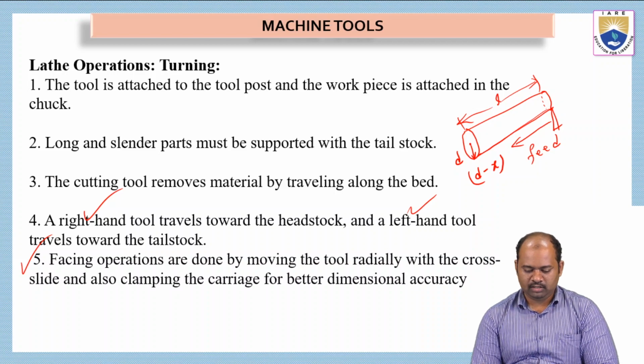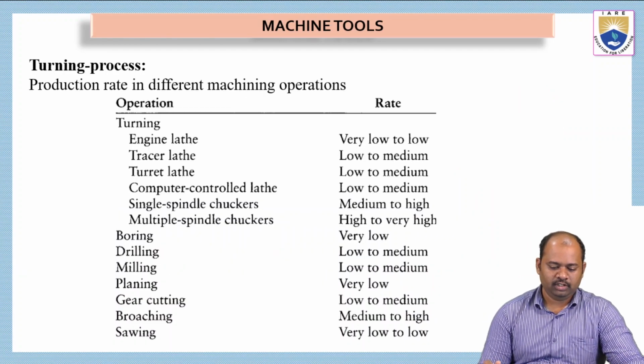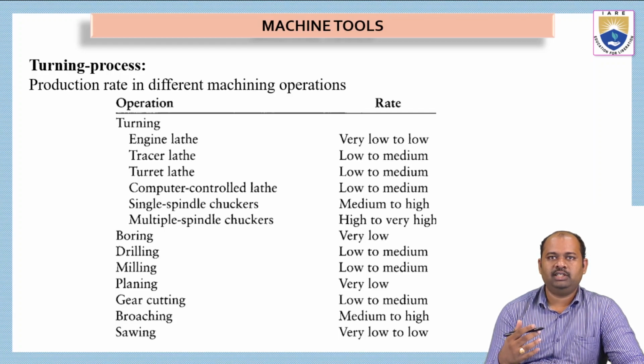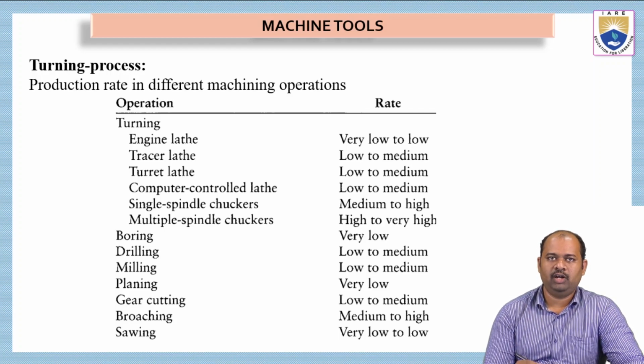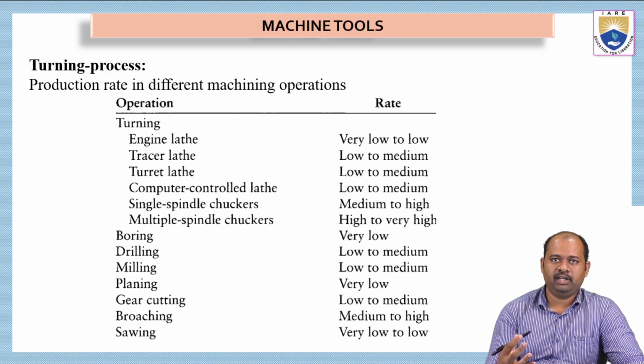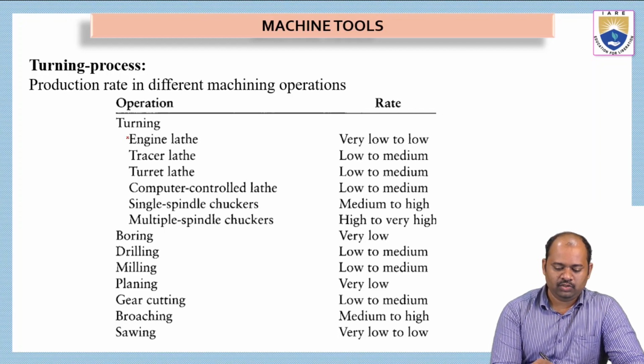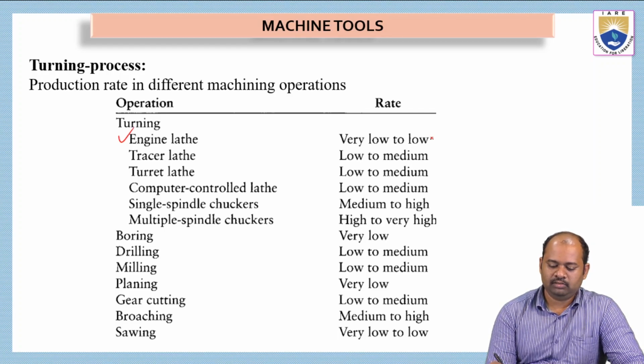Okay, and then we have different turning processes in different machines. We have different lathe machines, depending on their rate of speed at which the turning process can be done on them. They are shown here. So in the engine lathe, the rate of doing the turning process is very low to low.